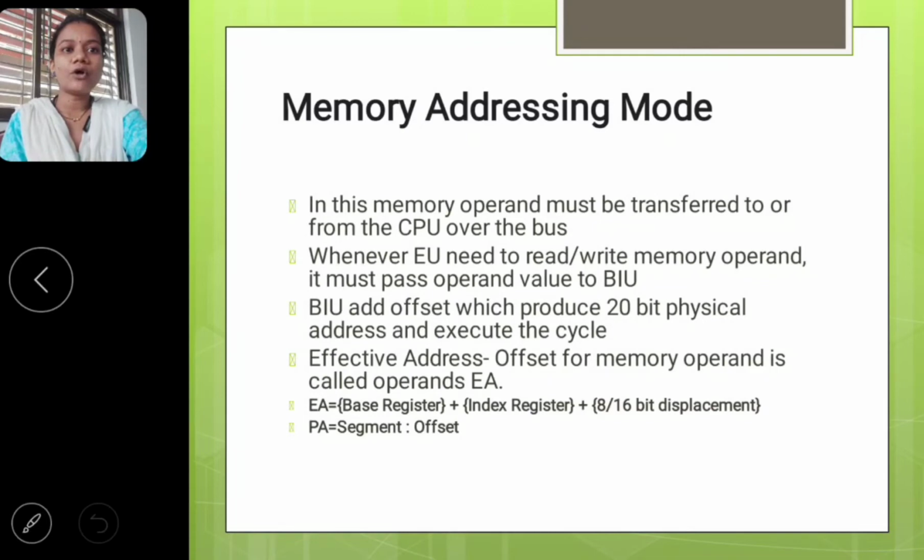Then the BIU adds the offset, which gives the 20-bit physical address, and executes the cycle. So the calculation of effective address or physical address comes under the memory addressing mode. The effective address is base register plus index register plus displacement. It is then used to form your physical address.